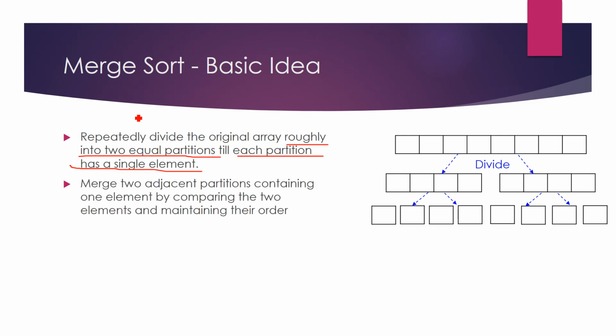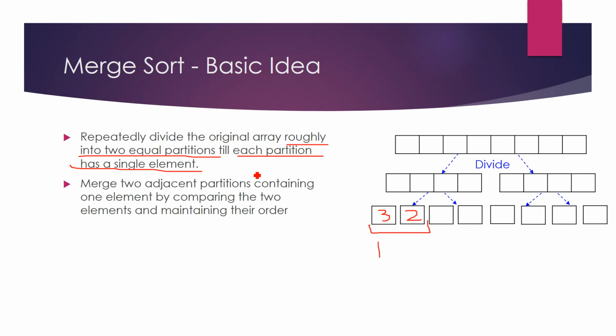Once we have those partitions, we find adjacent partitions, which means we start from the first two, and then we merge the two partitions by comparing the two elements and maintaining their order. Let's say this is 3 and 2, and I have to merge this partition.